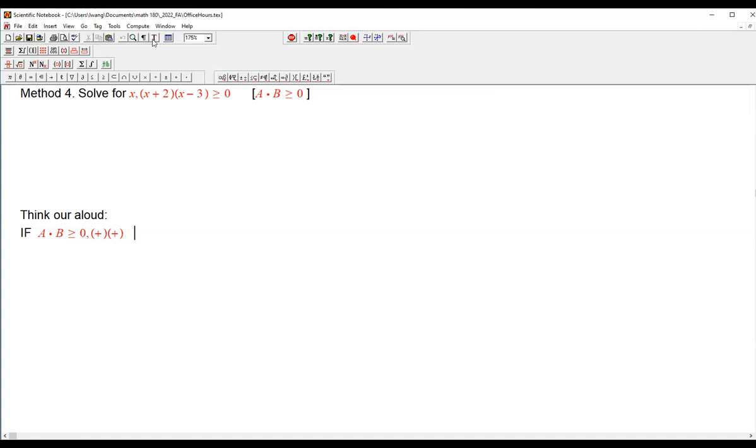It could also be a negative times a negative. So these are the two cases. What does the first case mean? The first case means that A is positive, B is positive. And the second case is that A is negative and B is negative. So they have to be both positive or both negative.